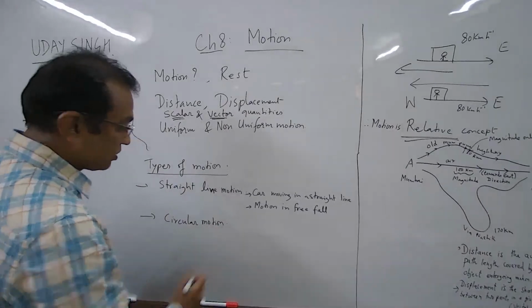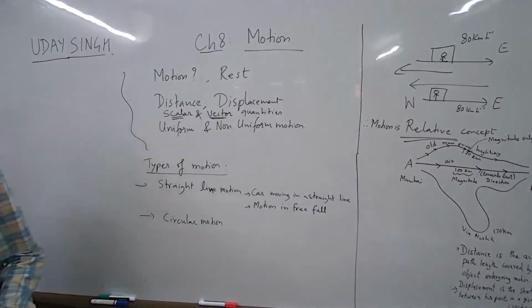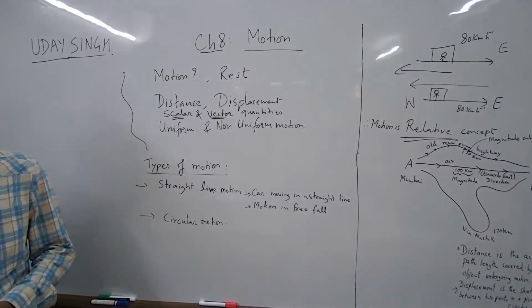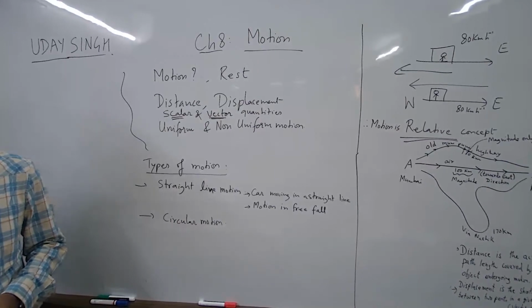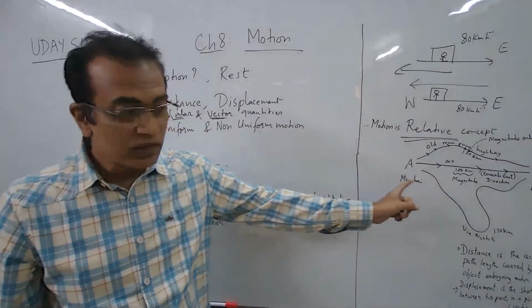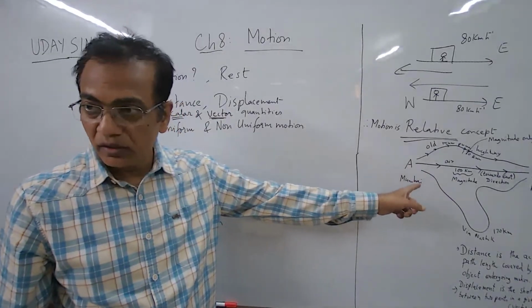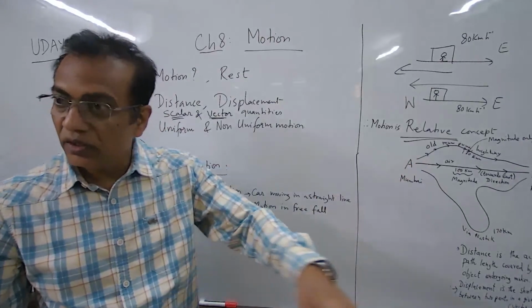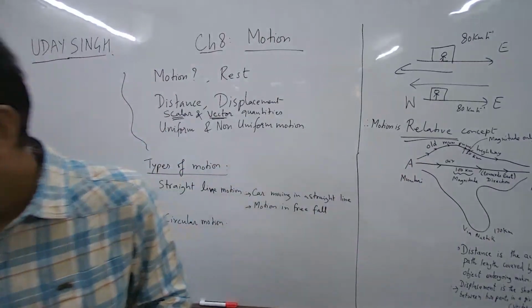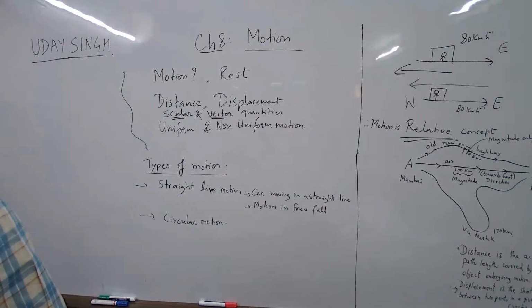Then circular motion. What is circular motion? Any object moving in a circular path. Here it is a straight line path, so what defines the motion? The path. If the path is a straight line, it is straight line motion. If the path is circular, it is circular. So can we say that a pendulum is moving in a circular motion?